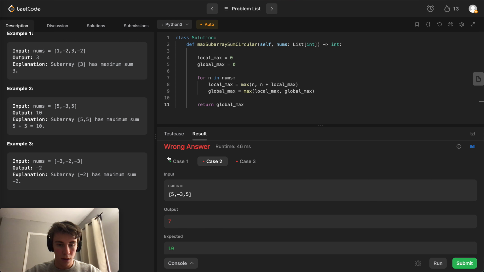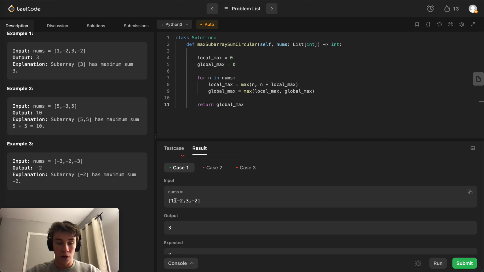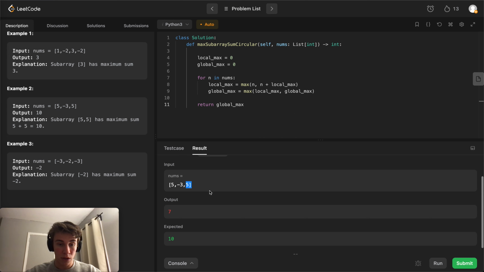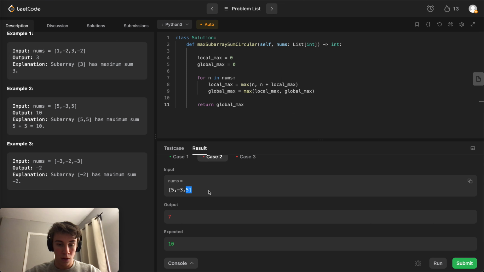Yeah. In the traditional scenario, this works out perfectly because here we're not wrapping around to create something bigger than the traditional max subarray. However, in the case where we do wrap around, the expected is 10, but the reality is, in the traditional sense, it would have been 7.